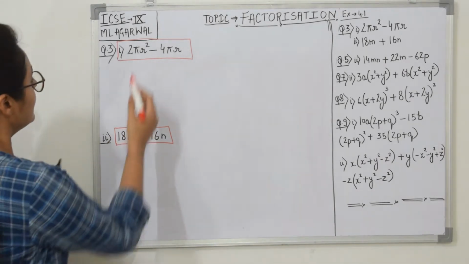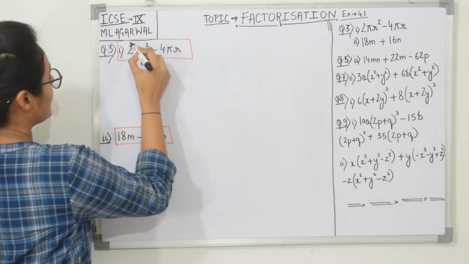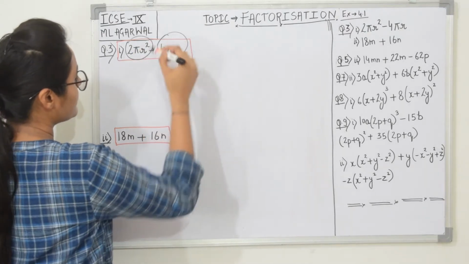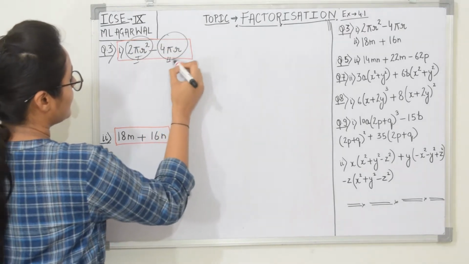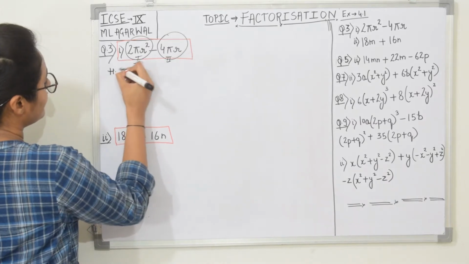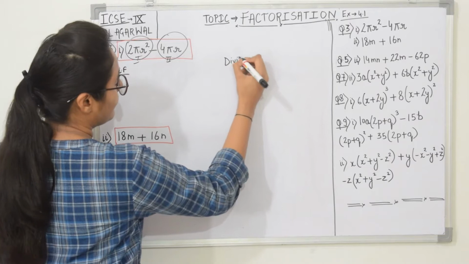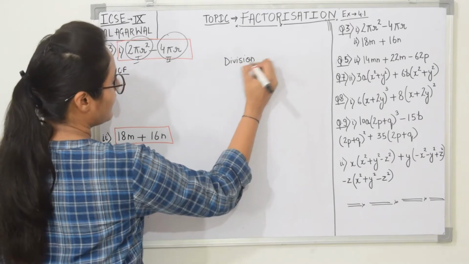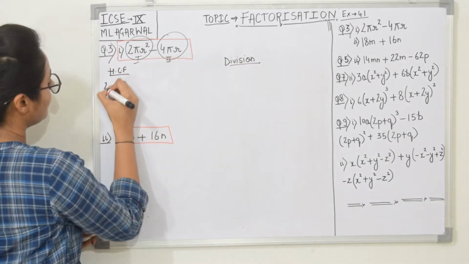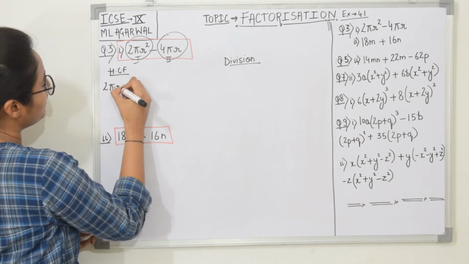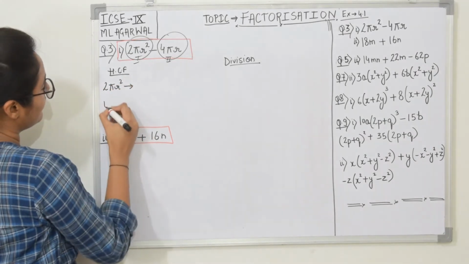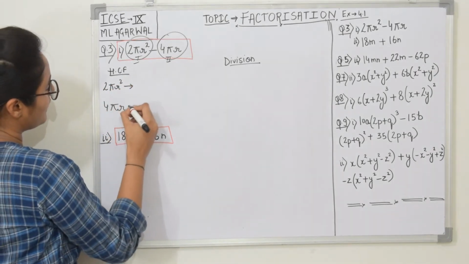Now according to our basic concept, this is our first term and this is our second term. Again there is the HCF part and the division part, and I will write it in short this time. The HCF part is calculating the HCF of 2 pi r square and of 4 pi r.